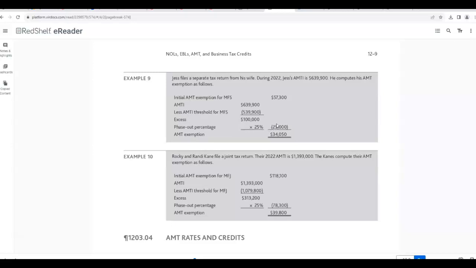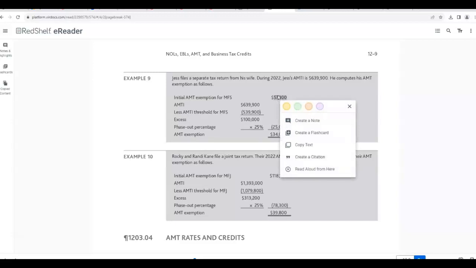But you deduct both, right? Am I wrong? Just follow me. Your excess is how much? 100,000 above the threshold. 100,000 times 25% is $25,000. So far, so good. Your original exemption as married filing separately is, for example, 57,300, which honestly is old.